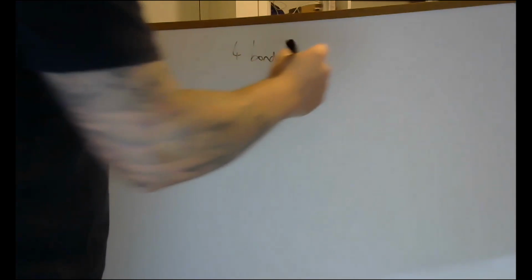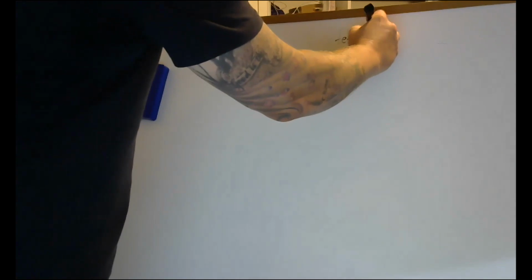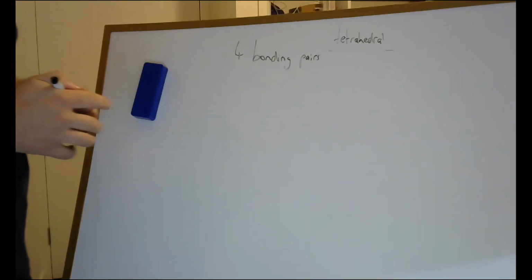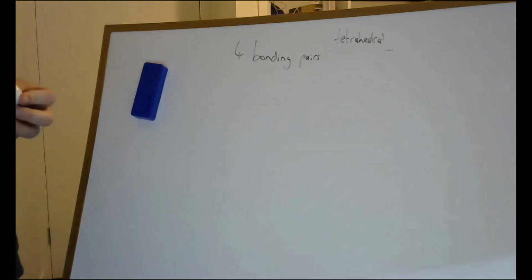So this would be tetrahedral. I need a new whiteboard desperately. So 4 bonding pairs is tetrahedron.